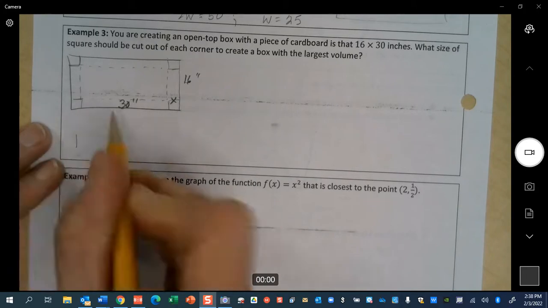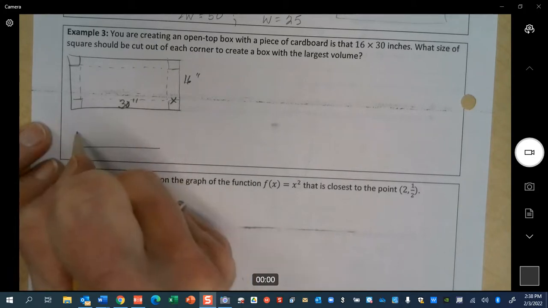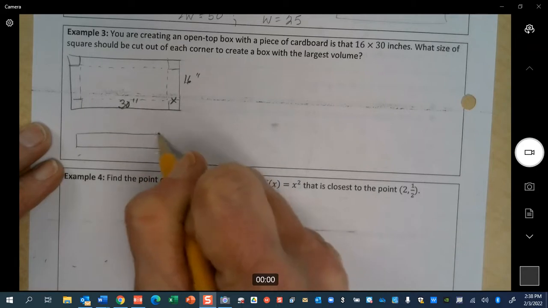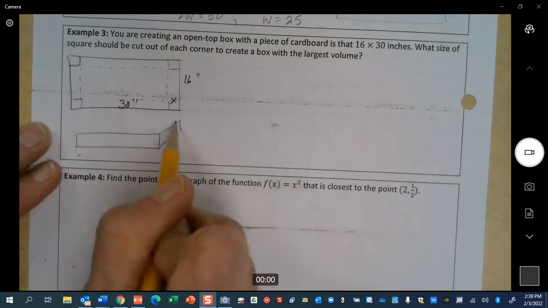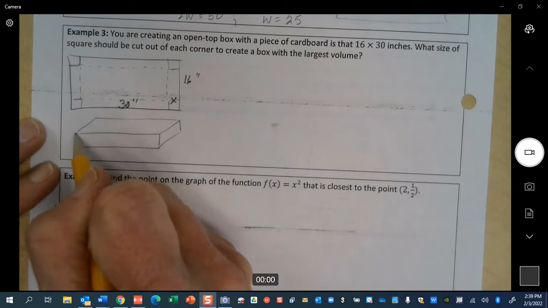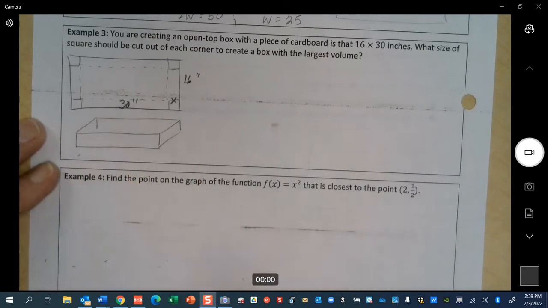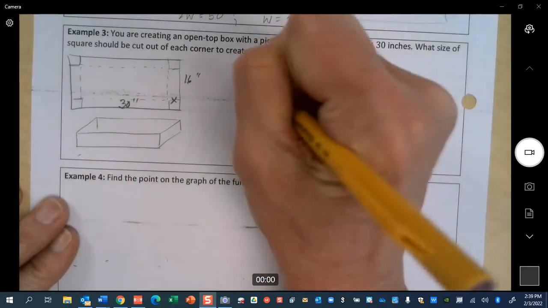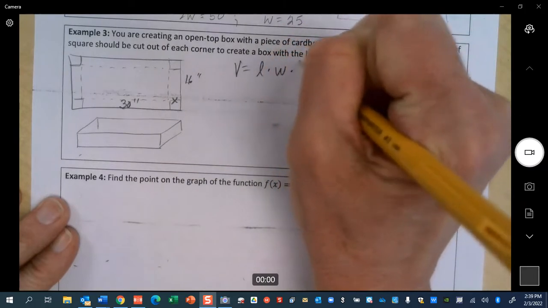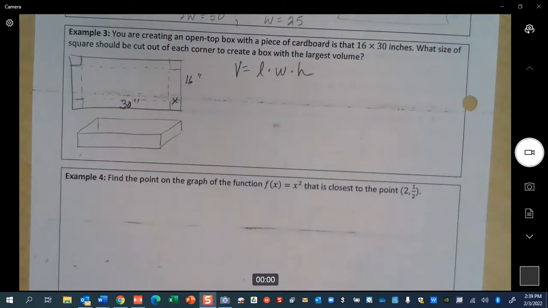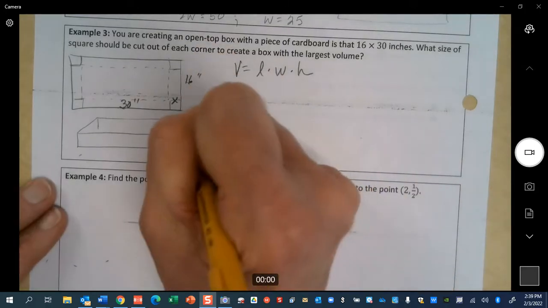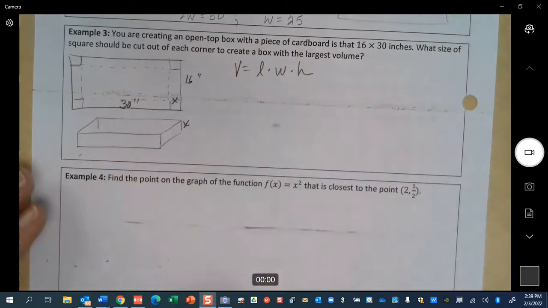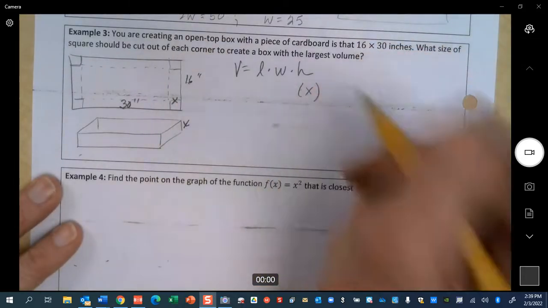So what I'm going to end up with is a box that looks like this. My volume is equal to my length times my width times my height. There's a problem. I need to figure out a way to represent all of this in terms of one variable. My height here is x because that's what's cut out.